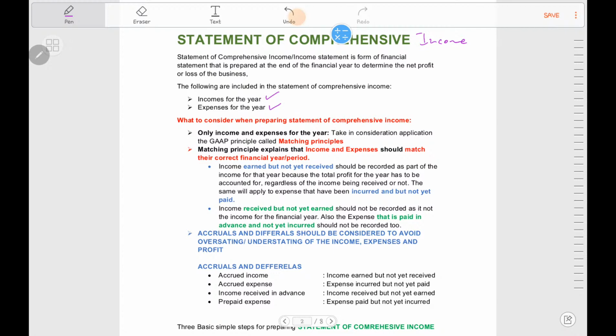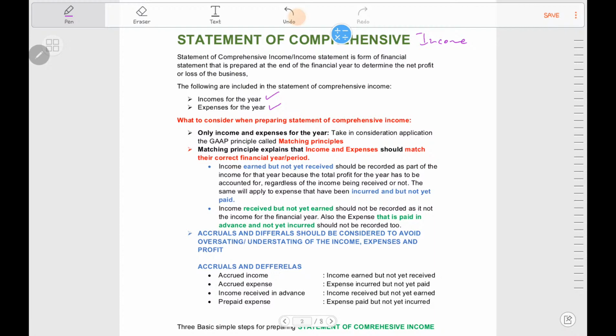Incomes can be the operating income or the interest income, and expenses can be the operating expenses or the interest expenses. We don't want any other item that is not an income or that is not an expense. I believe you now know which item is an income and which item is not an income. Thank you there, Yonela Tina.